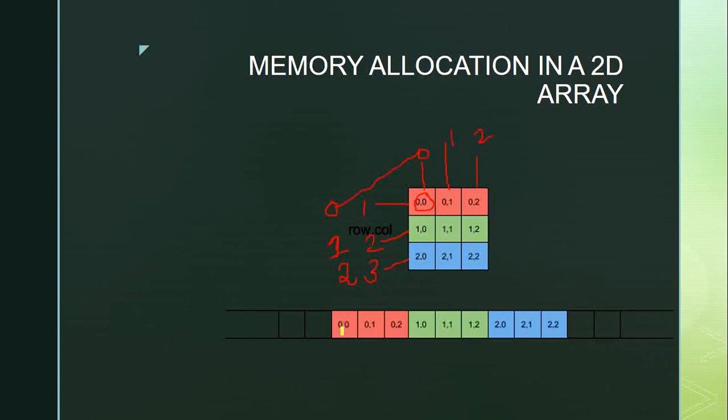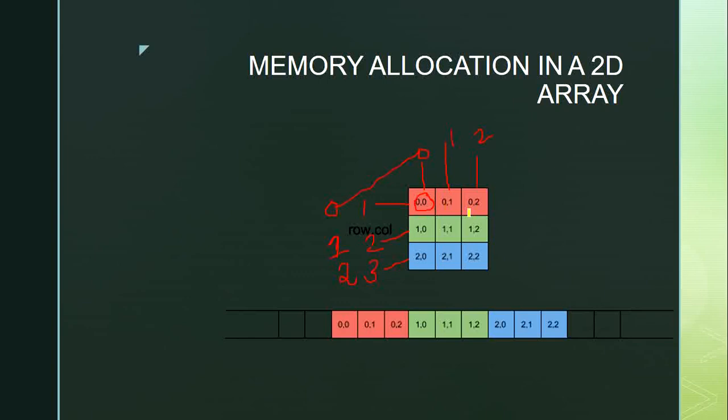And see the memory allocation: first the 0th row, all the elements 0, 0, 0, 1 and 0, 2 will be stored in the memory. Then correspondingly the second row and the third row, 1, 0, 1, 1, 1, 2, 2, 0, 2, 1, 2, 2, will be stored in the memory in linear fashion. So that is all about the memory allocation.